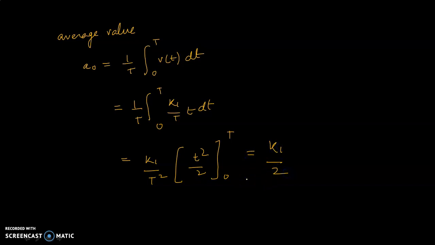Since the wave has odd symmetry, the coefficients of the cosine terms will be 0, that is an is equal to 0.